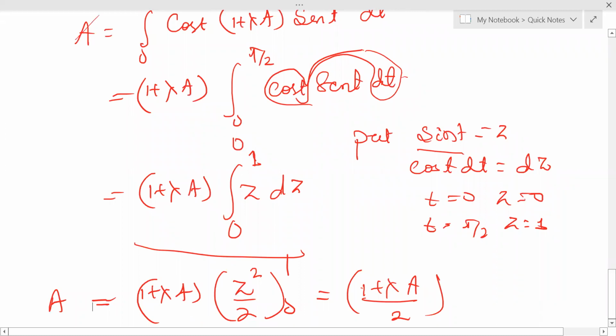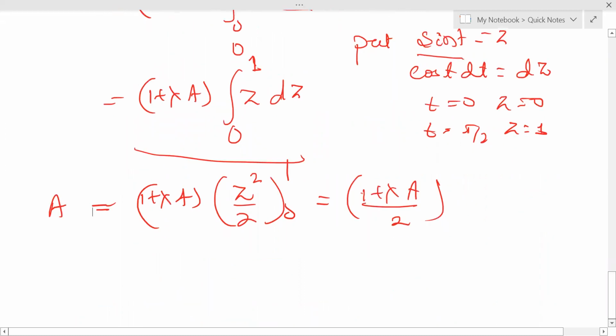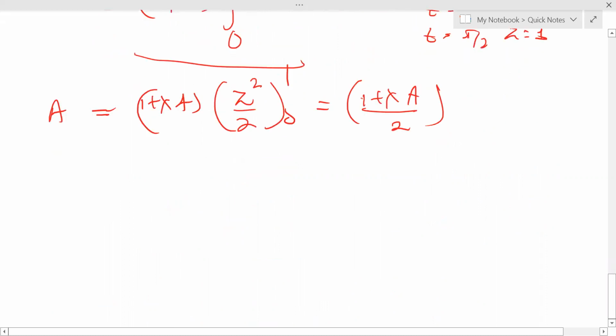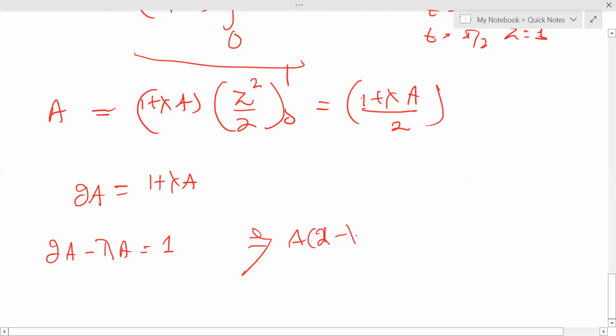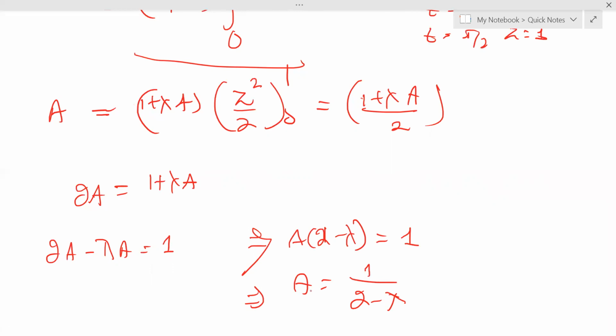We evaluate here: 2a = 1 + λa, then 2a − λa = 1, so a(2 − λ) = 1, and a = 1/(2 − λ). Everyone see the value of a.